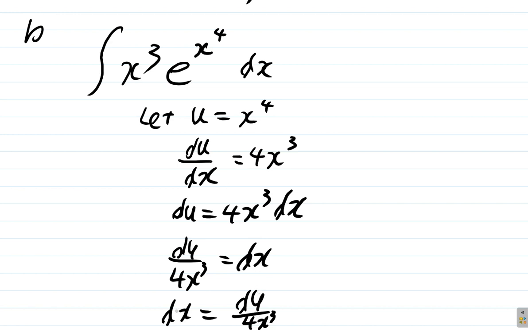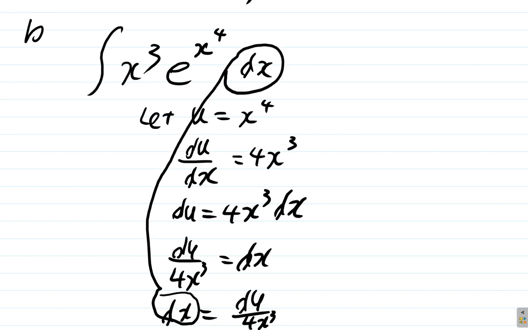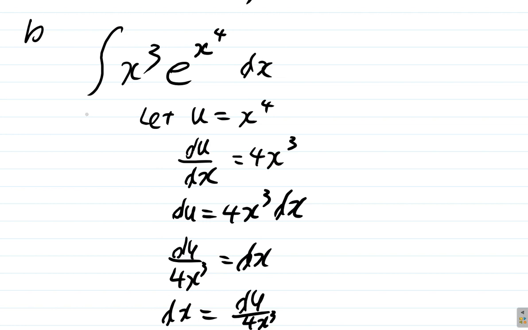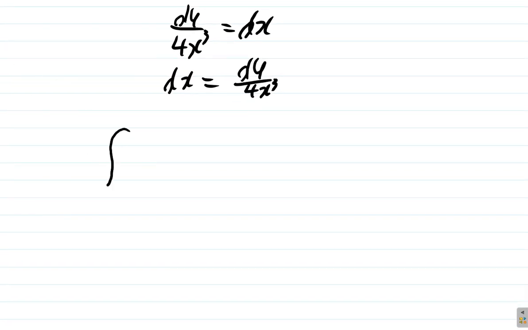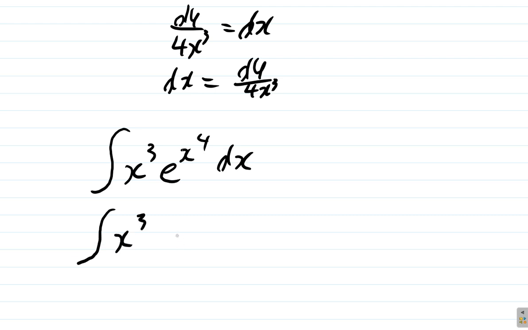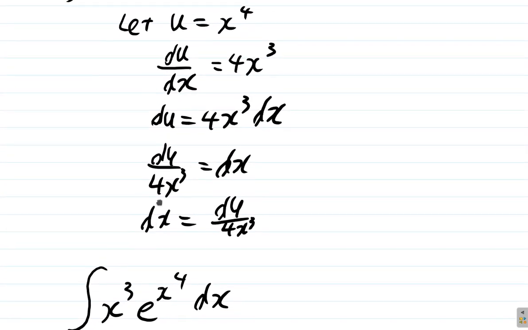Alright, this is dx. Now that we know that this is dx, what we could do is this. The integral of x cubed e to the x to the fourth dx is the same thing as the integral of x cubed e to the u, because u is x to the fourth.